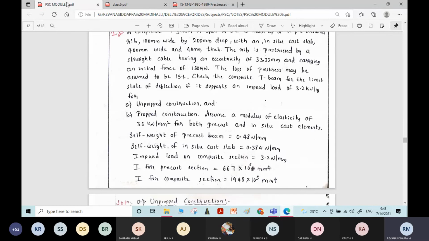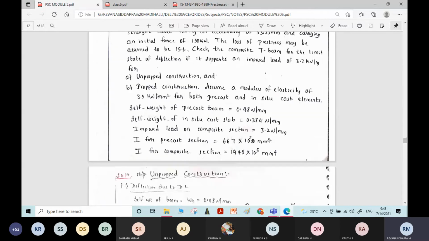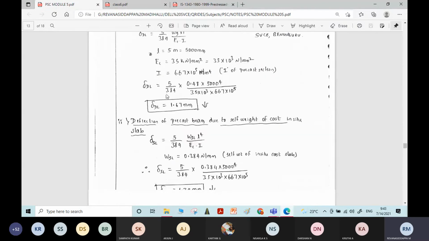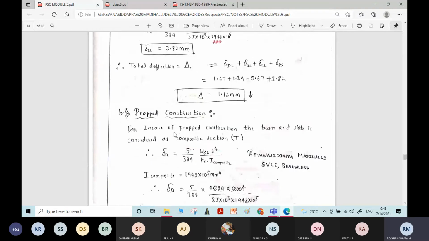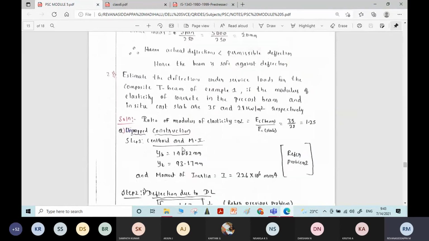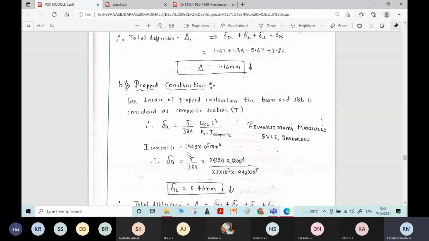So this is a problem on deflection. Now I will solve one problem on flexural strength of a composite beam.